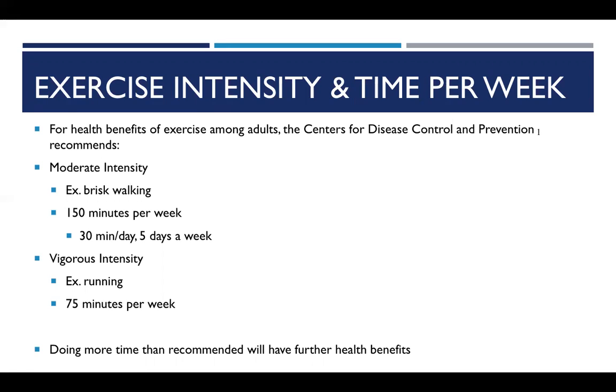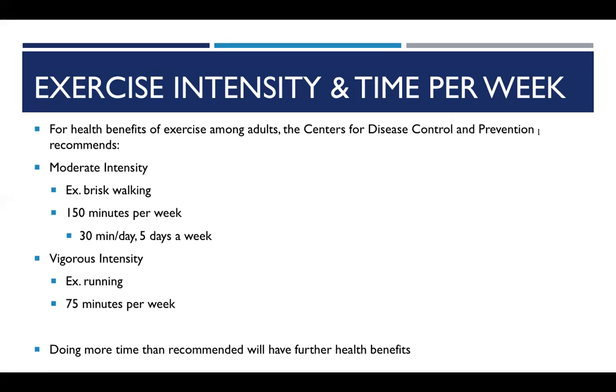Now, there are a whole bunch more things that go into both moderate intensity and vigorous intensity. Those are just two examples that I have. But going back to the 150 minutes of exercise per week for moderate intensity, it may sound like a lot. But if you break it down into 30 minutes per day, 5 days a week, it's more split up.